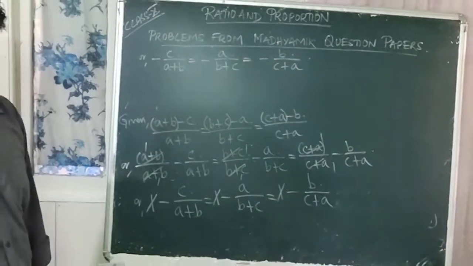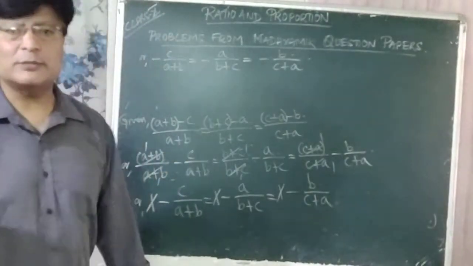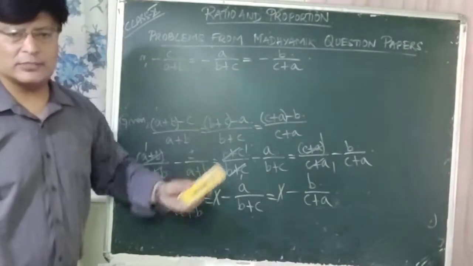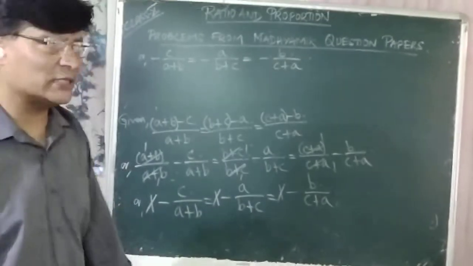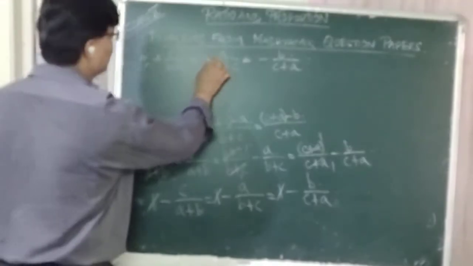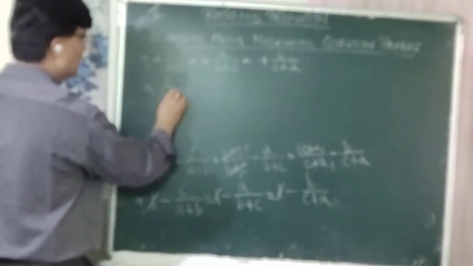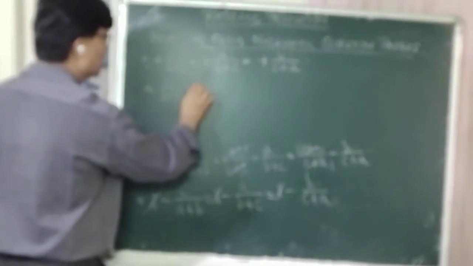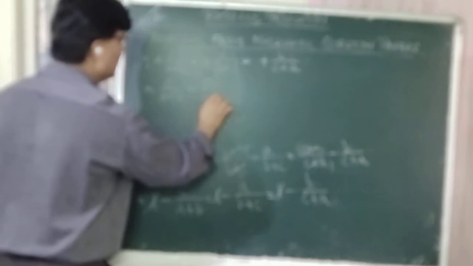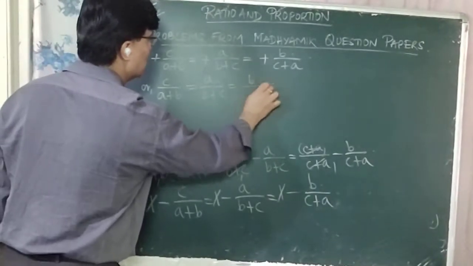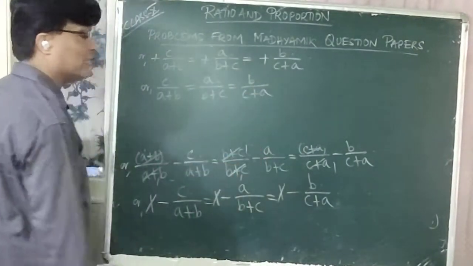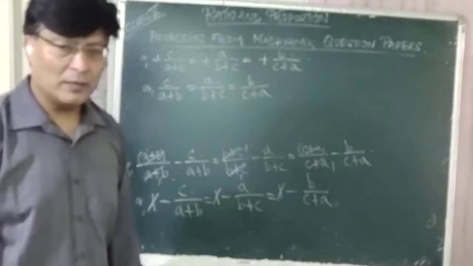Is that clear? So from all these sides, you can cancel the common minus sign. So what do we get? C/(A + B) = A/(B + C) = B/(C + A). Is that clear?